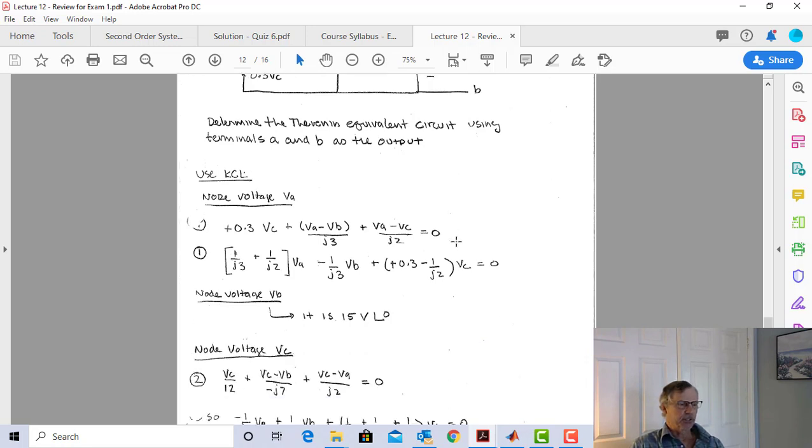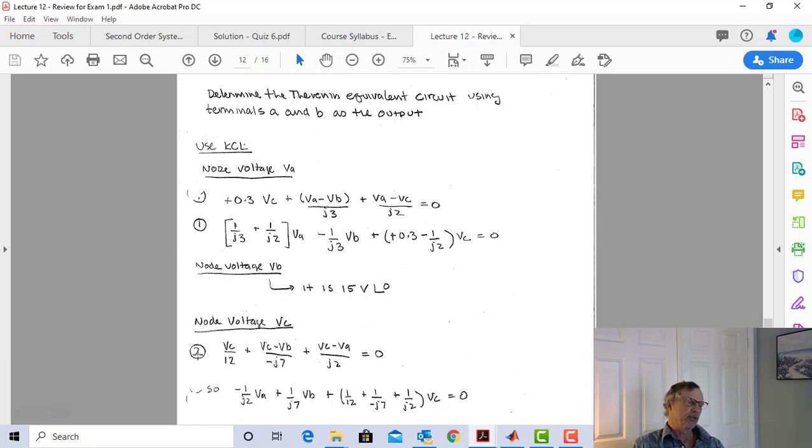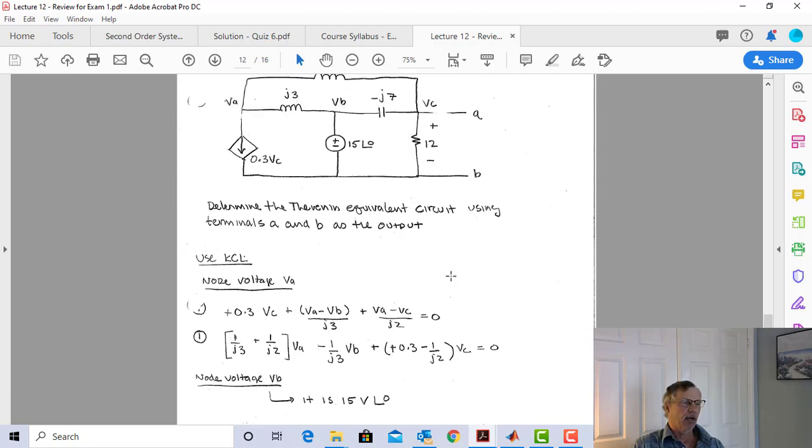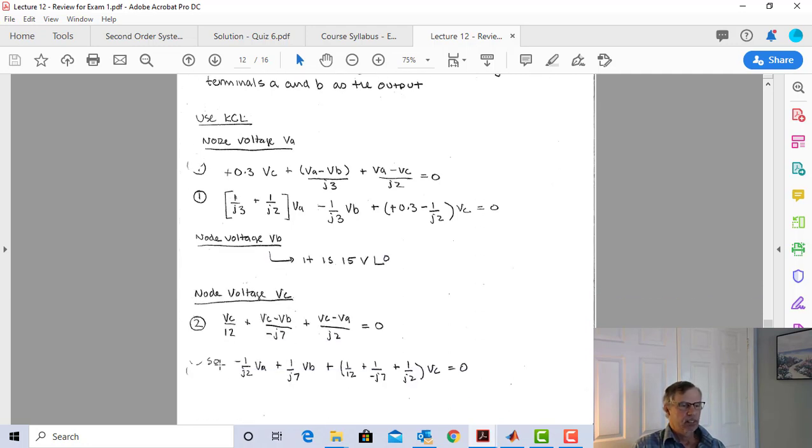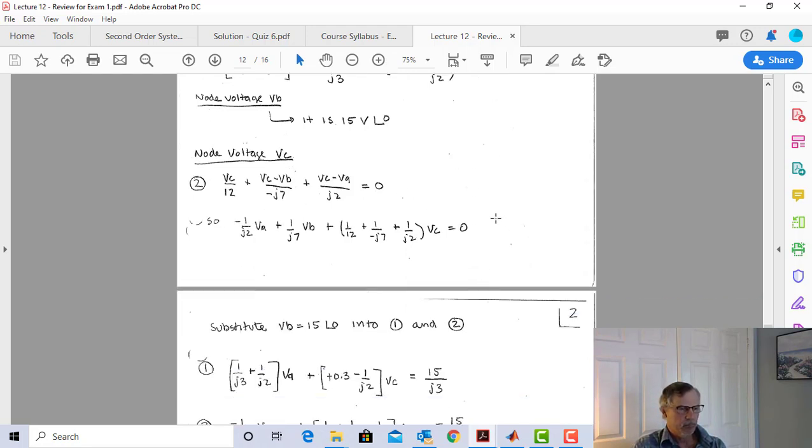Now let's do VC. And I'm going to do the same kind of thing. It's going to be VC divided by 12 plus (VC minus VB) divided by J7 plus (VC minus VA) divided by J2 equals 0. I'm going to separate it all out into my VA, my VB, my VC.